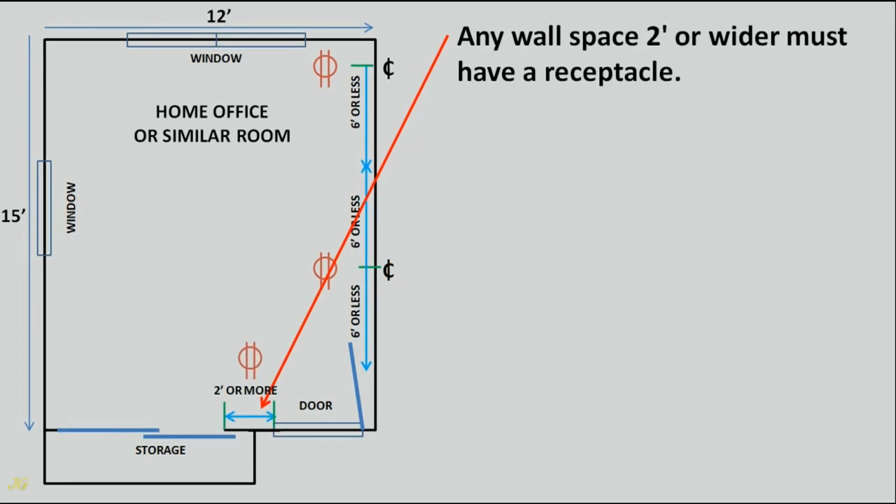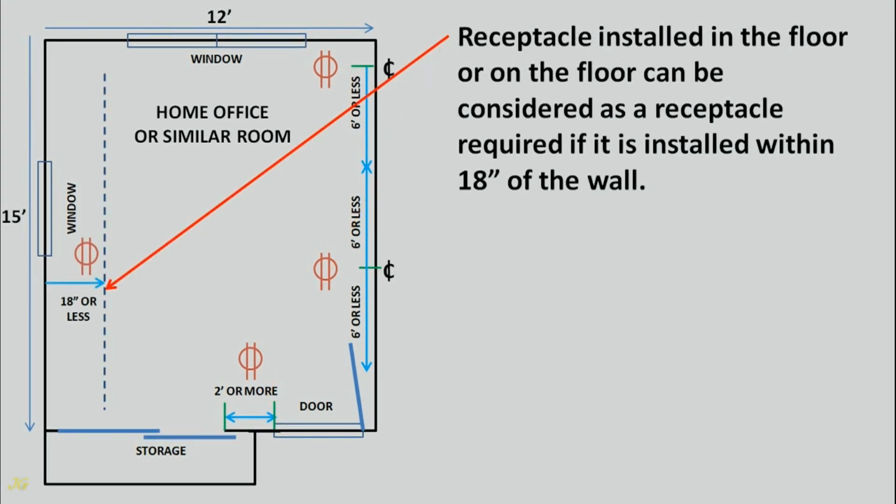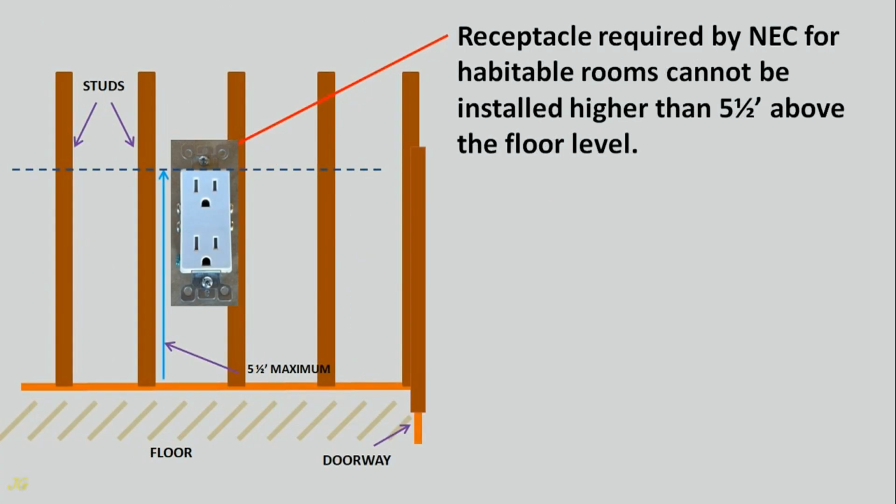Any wall space 2 feet or wider must have a receptacle. A receptacle installed in the floor or on the floor can be considered as a required receptacle if it is installed within 18 inches of the wall. Receptacles required by NEC for habitable rooms cannot be installed higher than 5.5 feet above the floor level.